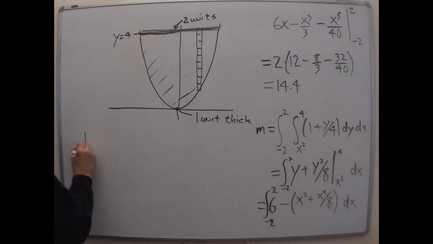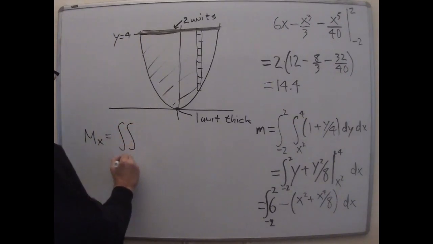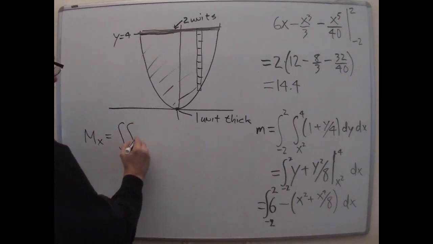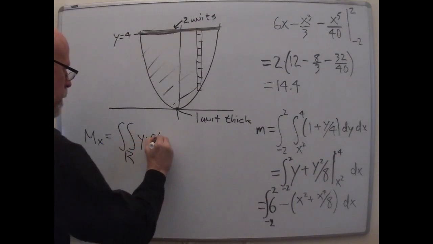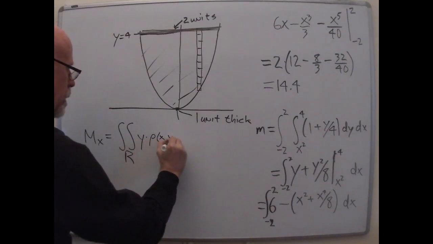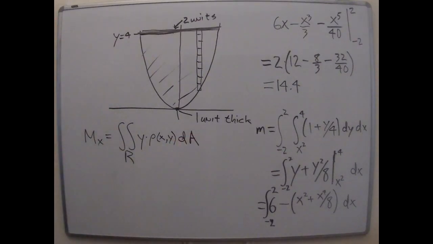We want the moment about x, which is a double integral over the region of y times rho of xy dA. We already have set up our integral, which is nice.